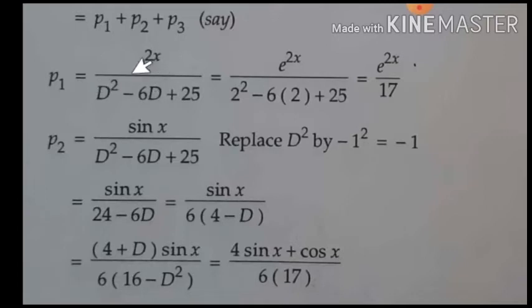The condition to solve the particular integral for type 1 is to replace D by 2. So when I replace, I will get a non-zero value. Write it down. Now next P2. What is the condition for type 2? Replace D square by minus a square. So the a value is 1, 1 square with minus sign. So I have to replace D square by minus 1. Only D square you have to replace, not D.